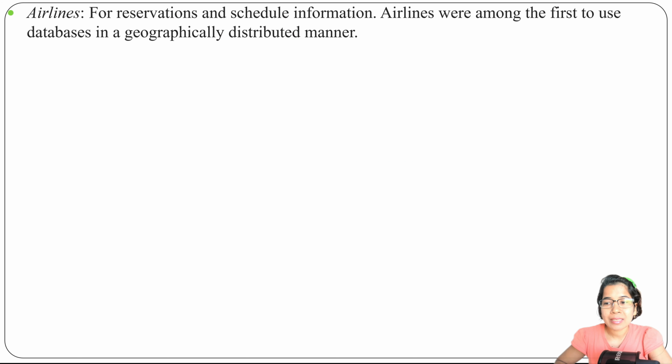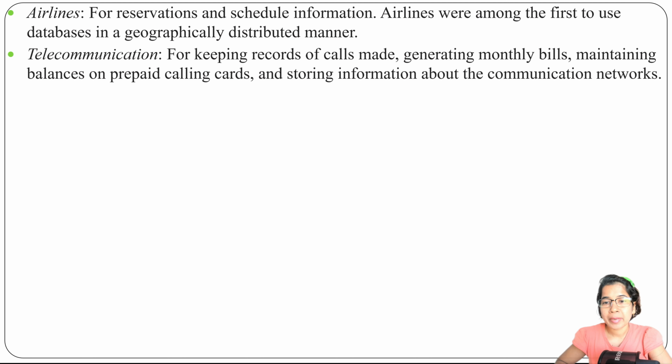Airline is the first to use database in a geographically distributed manner. Next, telecommunication, to keep track of the records, postpaid bill, prepaid bill, for maintaining balance, all these we use database. So database we use everywhere. In every field we need the database and DBMS to manage that database.